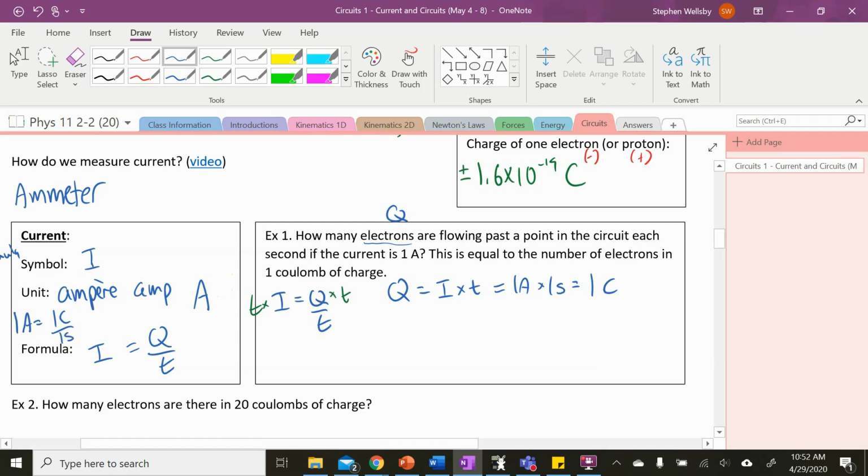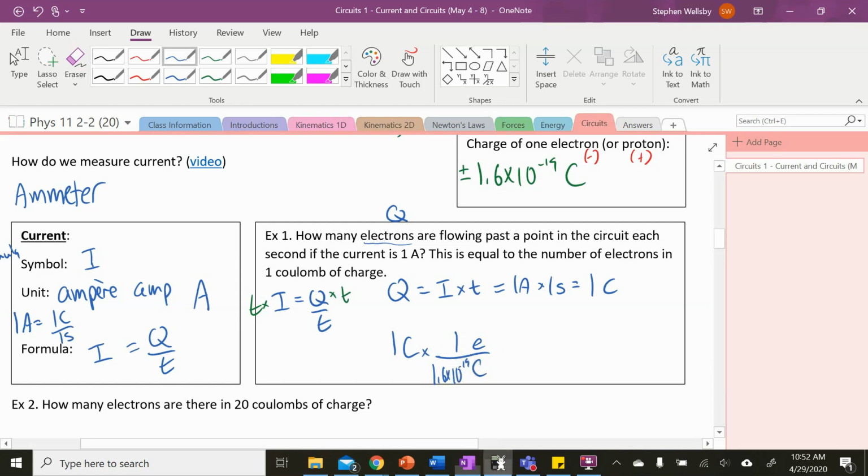Okay, so now we have this idea of coulombs, and if you were trying to figure out how many electrons, this is where we use one of our conversion equations. So 1 coulomb, I'm going to multiply it by something that leaves me with electrons on the top and coulombs on the bottom. What do we know that converts electrons to coulombs? Well, we do know that the charge of 1 electron is equal to 1.6 times 10 to the negative 19 coulombs.